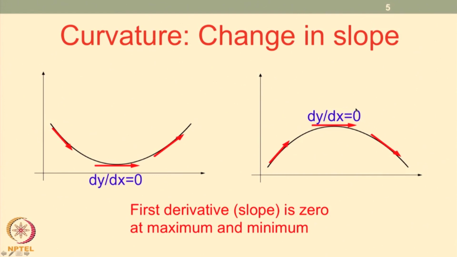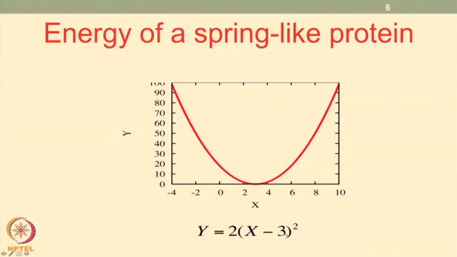And there are many curved functions with which we are very familiar. For example, if you take the energy of a spring-like protein, the energy can be written as k times x minus x0 whole square, like half kx square, which is typically the energy of a spring-like protein.